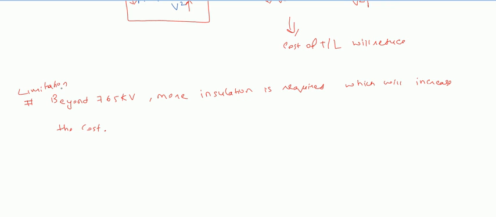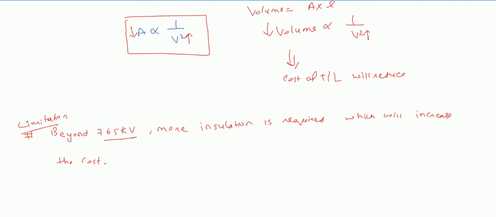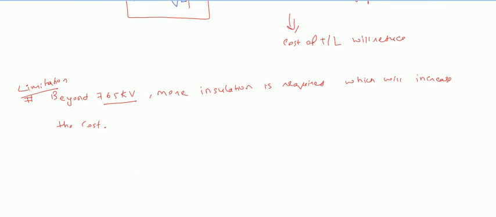We cannot keep going to very high values. We have to stop somewhere, so this is the maximum limit. Otherwise, we have 400 kV lines, right? So that was about the higher voltage concept.